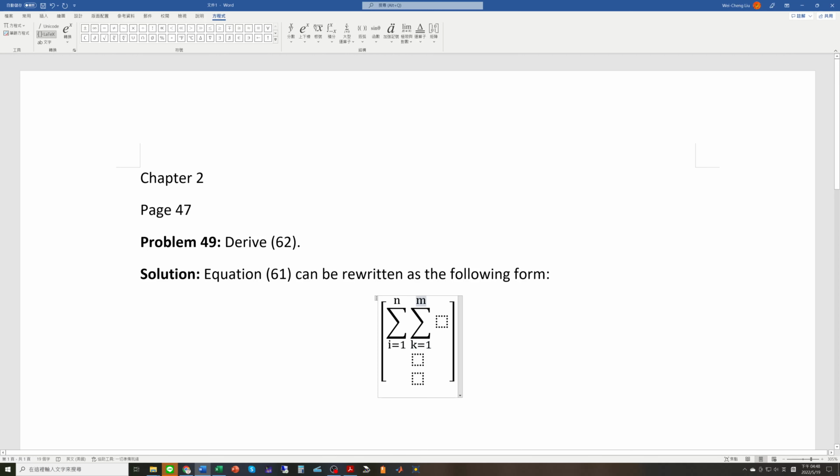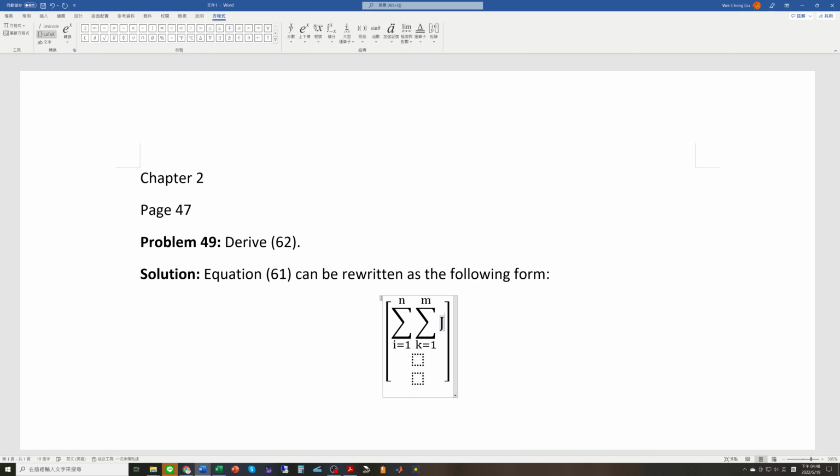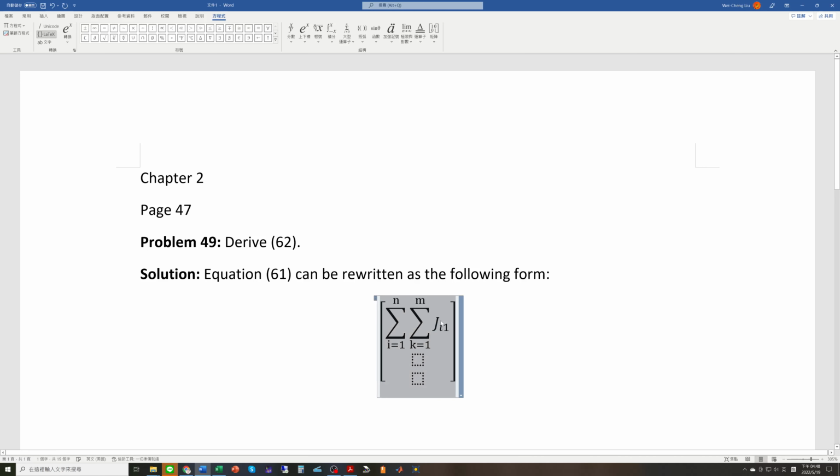Okay, so this i should be italic, and this n should be italic, and this k should be italic, and this m should be italic.